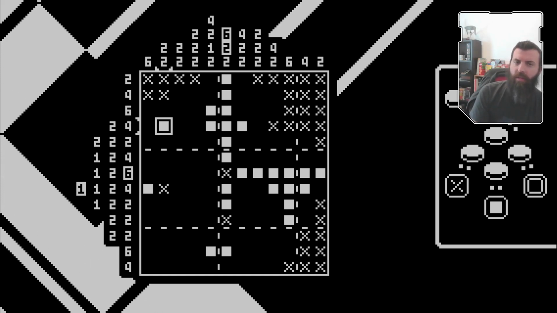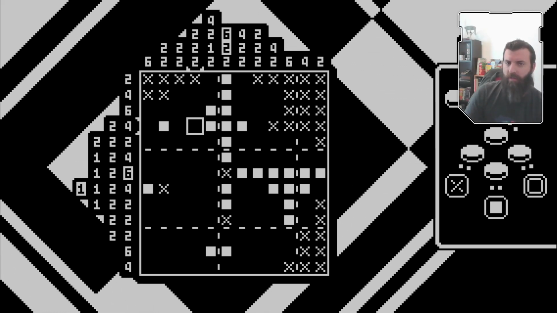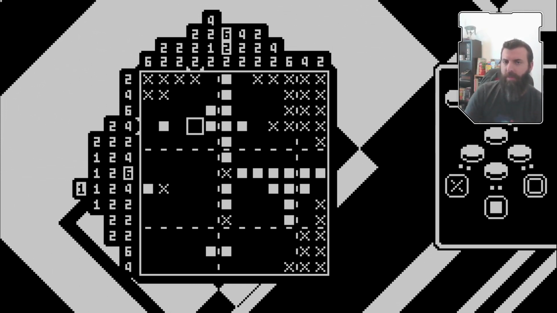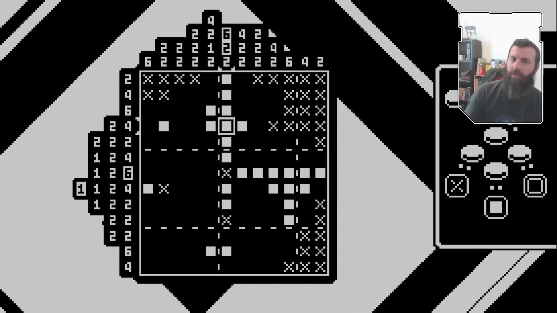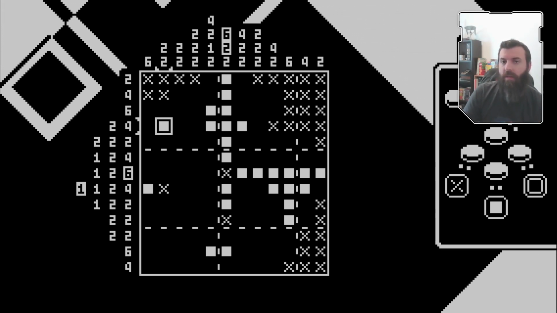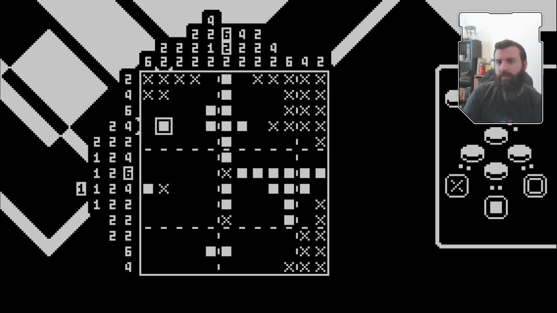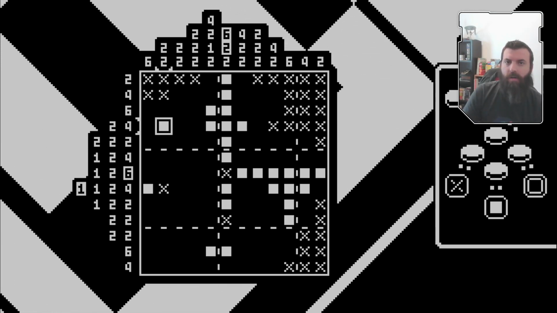Go ahead and say that this pixel has to be filled in. It would be the left edge of the 4, space 2, 4, 1, 2, space 1, 2, 3, 4. So this pixel has to be. Let's see, what else? Give me more to work with.